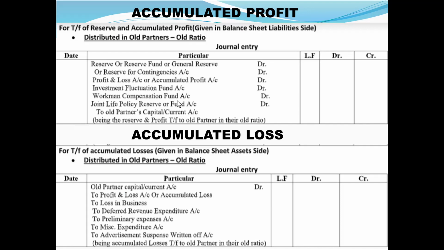Workman compensation fund. What do we mean by workman compensation fund? In our company, we have workers working. They are doing normal work, and suddenly one worker meets with an accident.